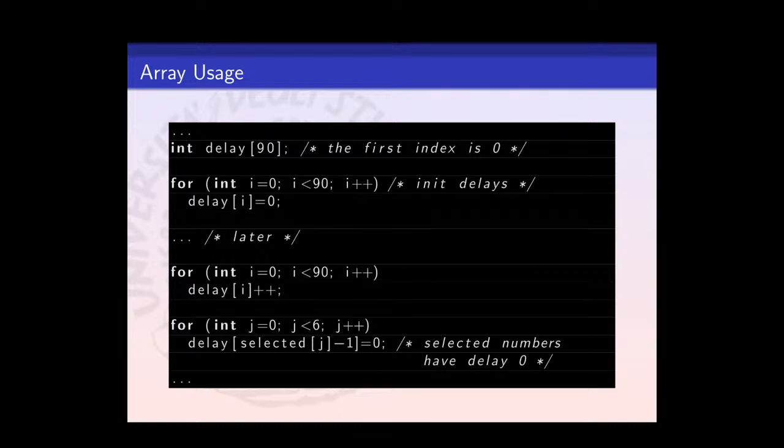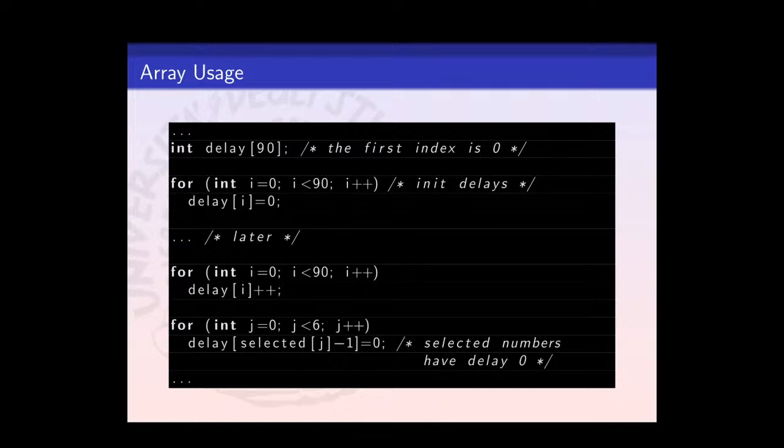Going back to our initial problem, instead of having 90 different variables, we have one single array which is able to store 90 values. So in the first position we will have the delay of number 1.